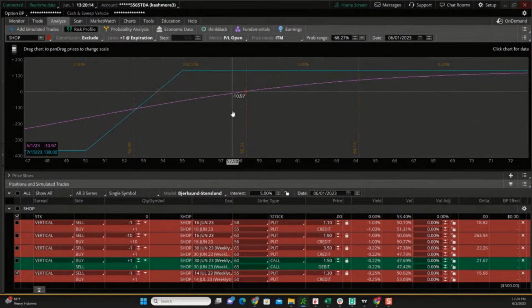So we're getting a $1.30 credit. But we believe support is going to hold at 150, or sorry, 55. I don't know where I'm getting 150 from, but 55. So you can see from right now, if we were to enter this position, our loss right now would be 57 bucks. But our max profit is 130. So we're risking basically 57 bucks.